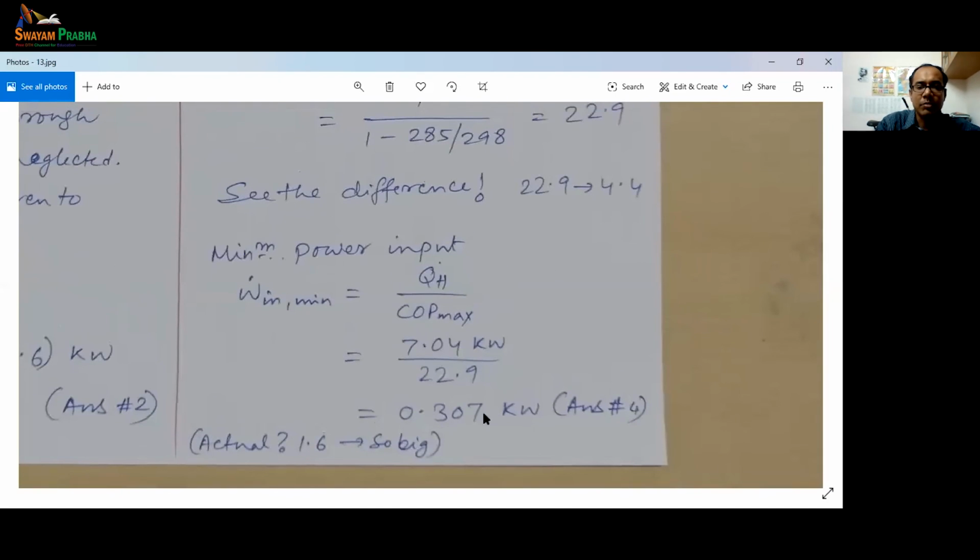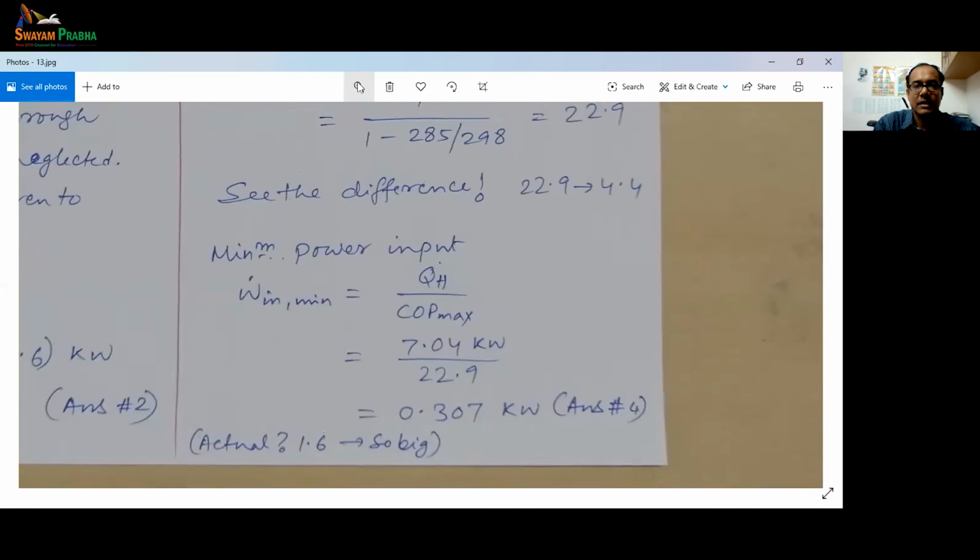So the minimum work is 0.307 kilowatt, and that's our fourth answer. You can see the actual is 1.6 kilowatt, and the minimum work that you require is 0.307 kilowatt. See how big this difference is.